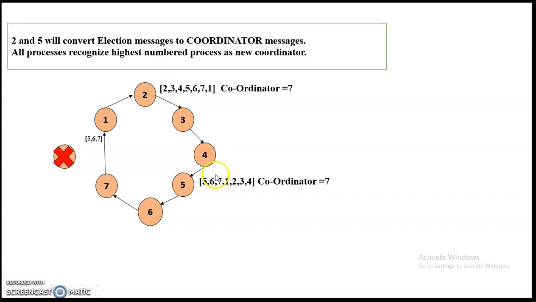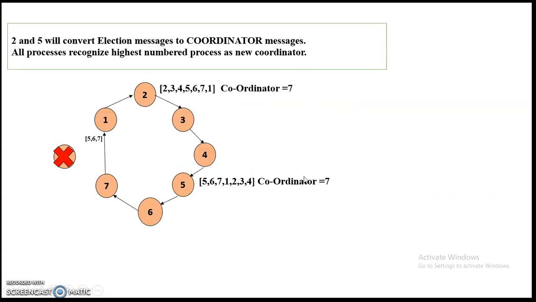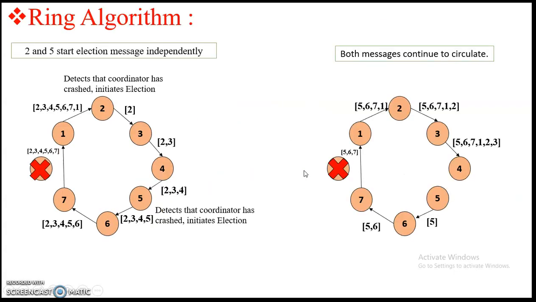So both 2 and 5 send a coordinator message to the nodes in the ring, saying that 7 is the new coordinator. If you observe, 2 selects 7 as the coordinator and 5 also selects 7 as the coordinator. So this is all about the ring algorithm.